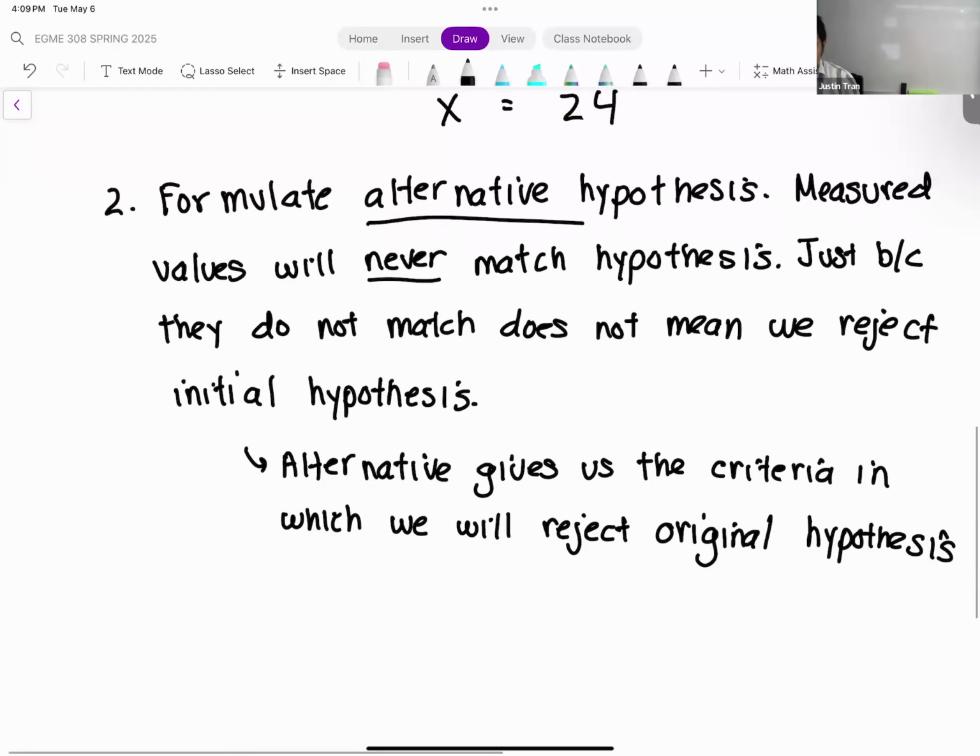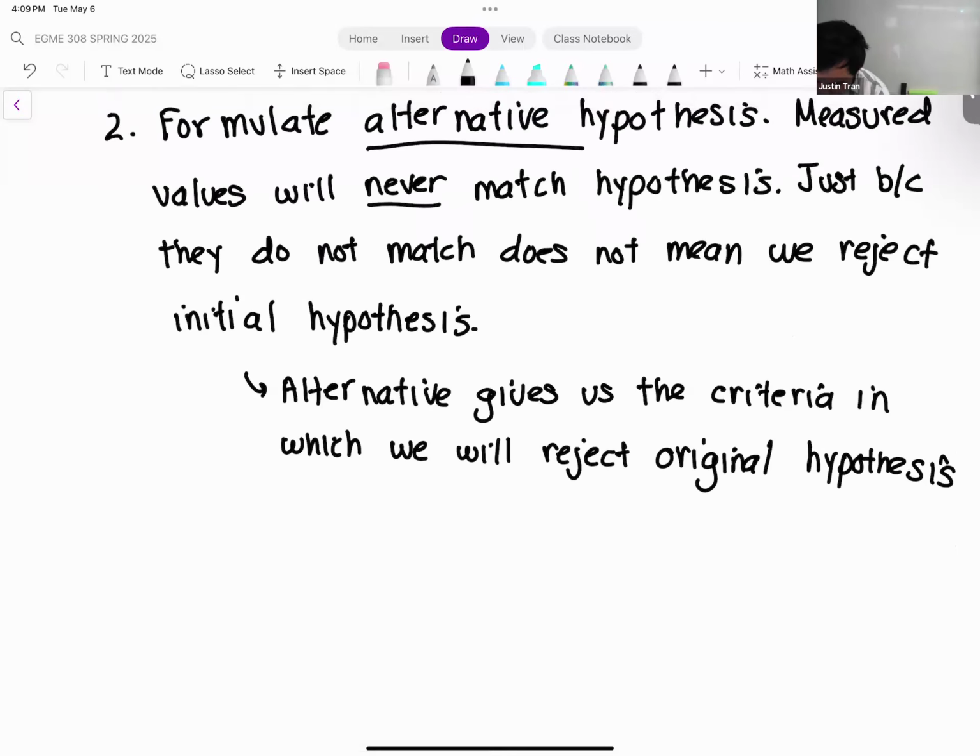Okay. So think of the alternative in that way. And so, we have our original hypothesis. We're going to collect data. The data is not going to match the hypothesis exactly. And so, what are the conditions where we can say like, okay, this data is bad enough where we can reject our original hypothesis. Okay.